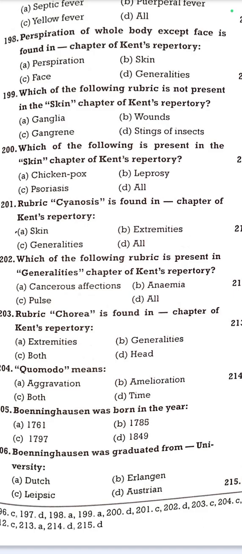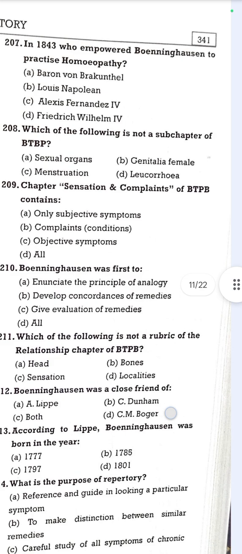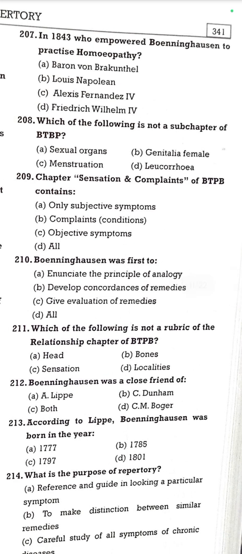Boenninghausen was born in the year 1785. 206. Boenninghausen graduated from Dutch university. 207. In 1843, who empowered Boenninghausen to practice homeopathy? Friedrich Wilhelm IV. 208. Which of the following is not a subchapter of BTPB?